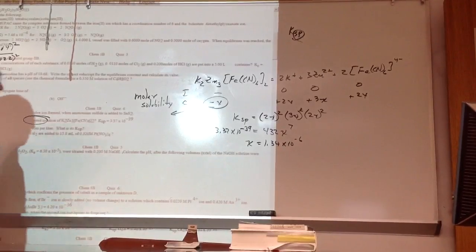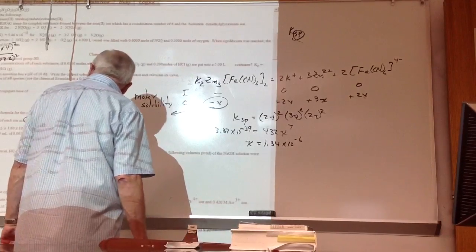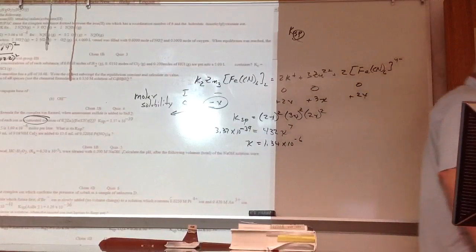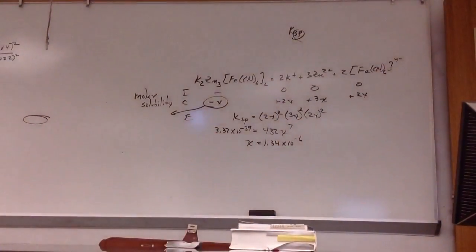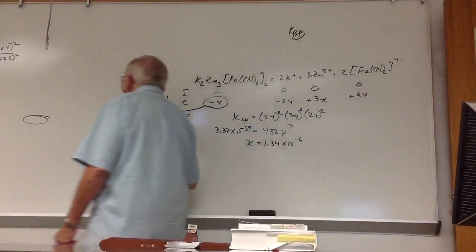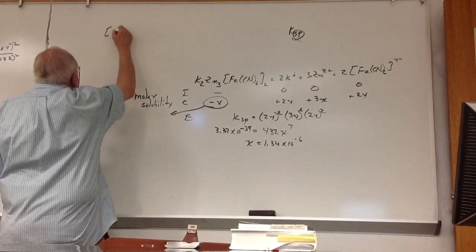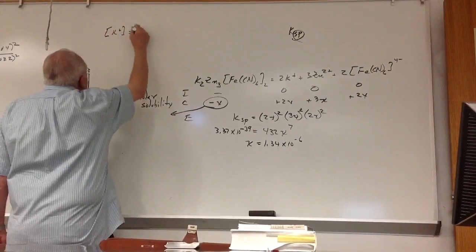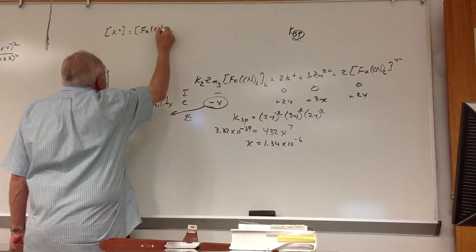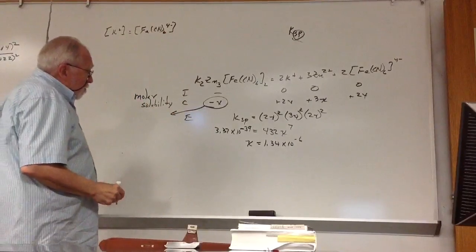So basically you're going to say something like concentration of potassium ion equals the concentration of the other ion, because both of them are equal to 2x. And then you multiply that by 2.